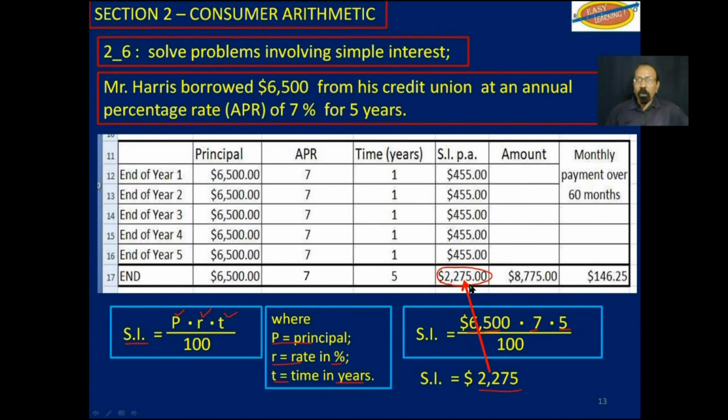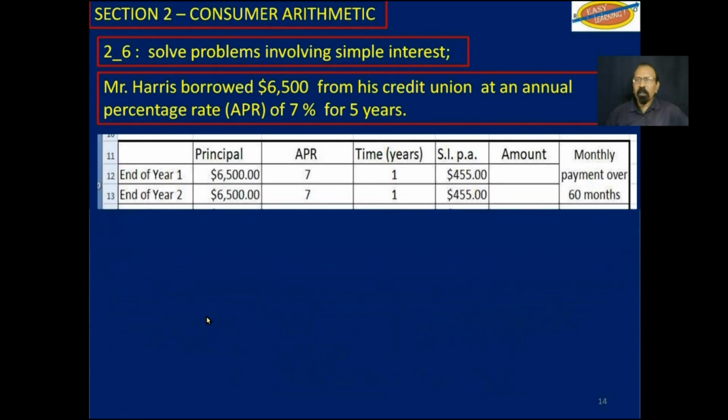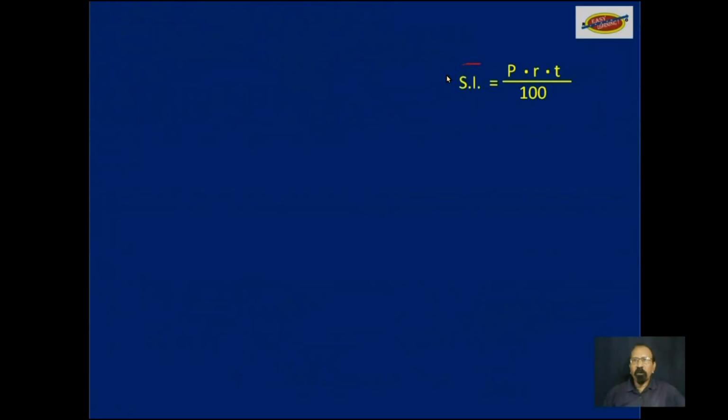So we are required to use this formula here. So this is the formula. Simple interest is equal to the principal multiplied by the rate multiplied by the time over 100.